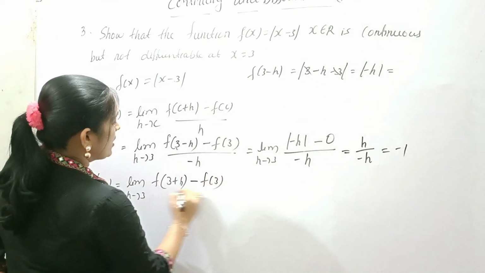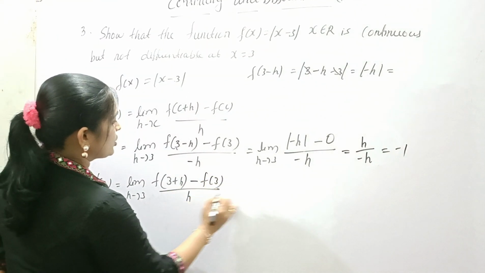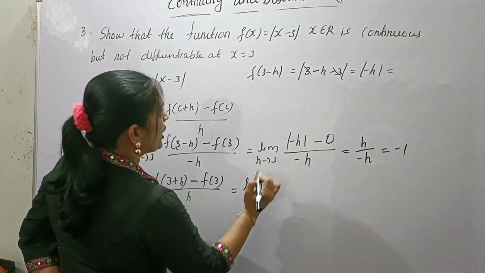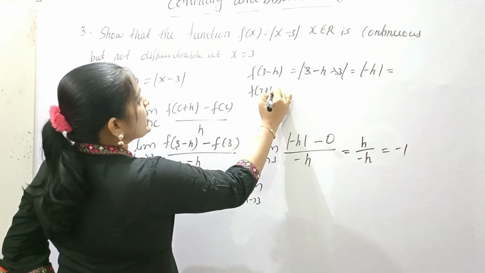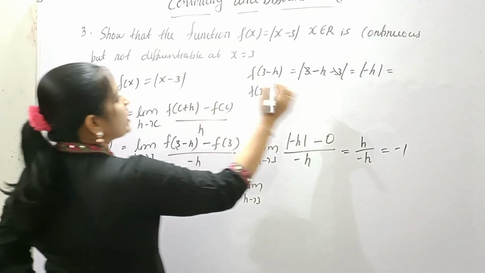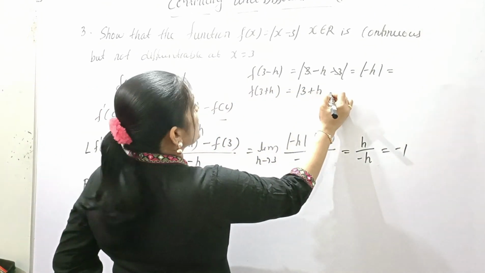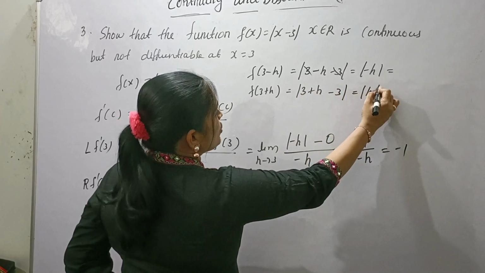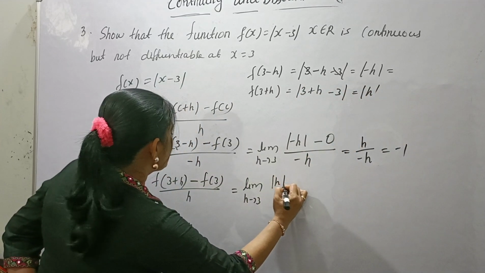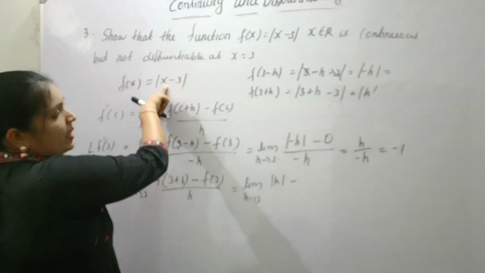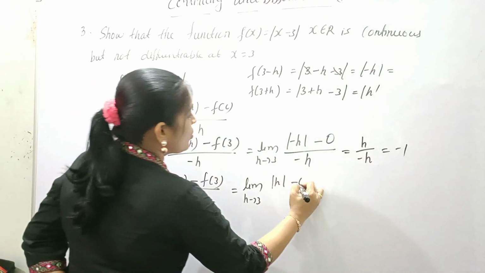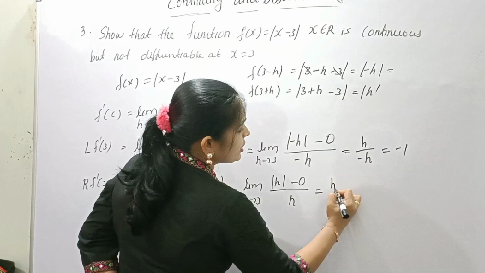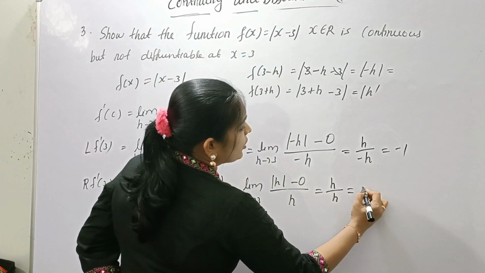So f of 3 plus h, substitute x is equal to 3 plus h, 3 plus h minus 3, that is equal to 3 cancelled, modulus of h. So modulus of h minus f of 3, which is 0, divided by h. So here modulus of h is nothing but h itself. So h by h, that is equal to 1.